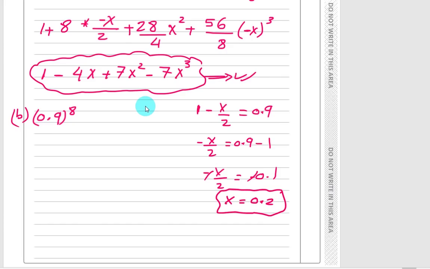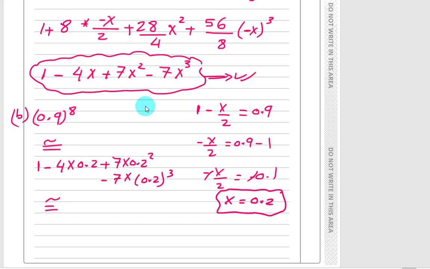So 0.9 power 8 will equal to 1 minus 4 by 0.2 plus 7 by 0.2 squared minus 7 by 0.2 power 3.